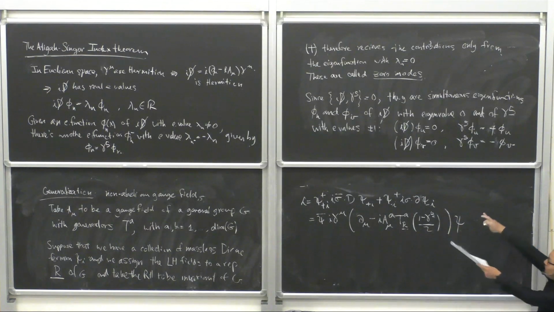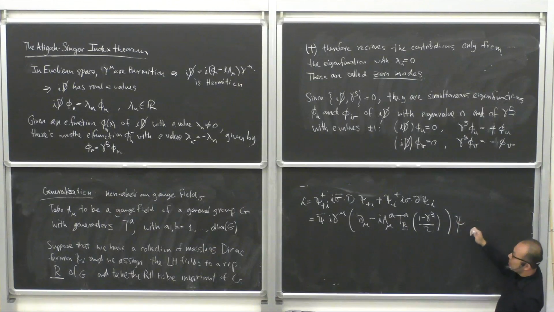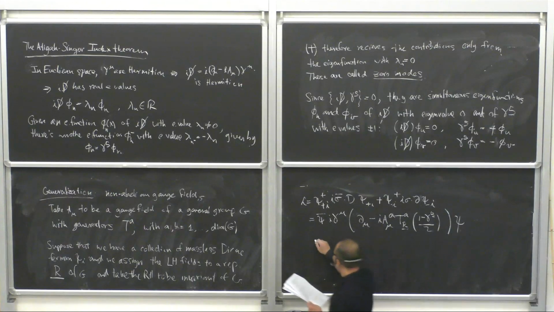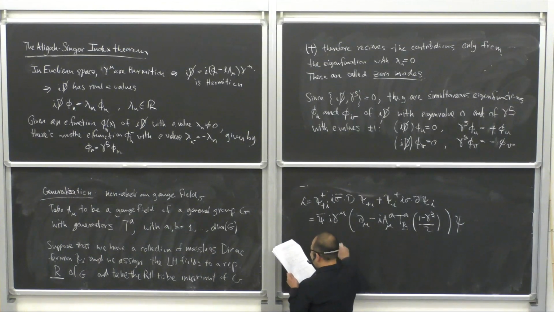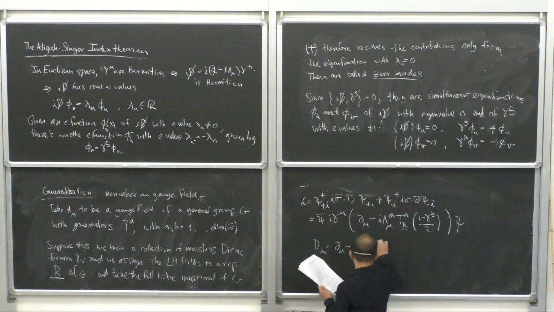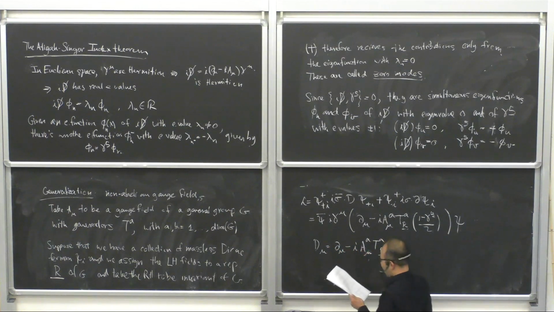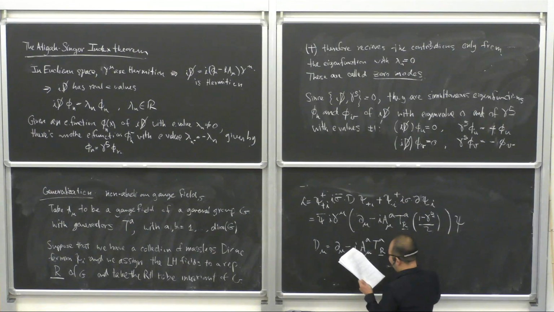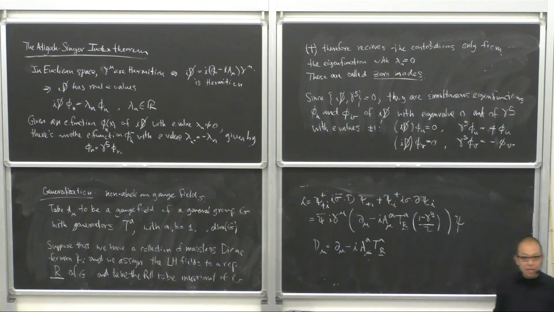Okay, this is how you write it in the chiral basis, and this is how you write it in the Dirac basis. Here D_mu now looks like this, A^A T^A(R), and T^A(R) is just the generator of the representation R. Is that clear? This is how you do it.